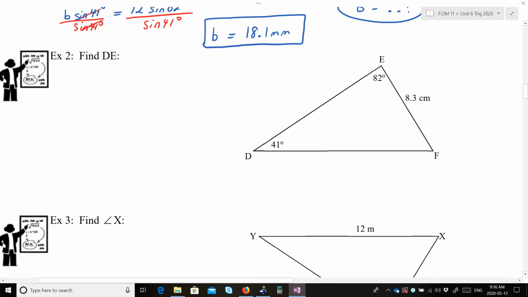All right, let's try another one. Example 2 says find DE. Okay, and notice that DE is across from capital F, so we can call that little f.